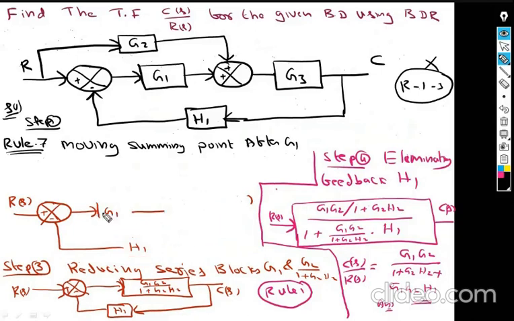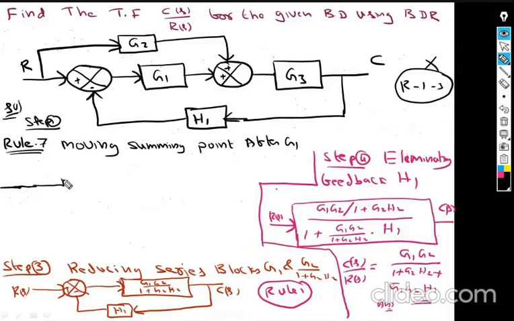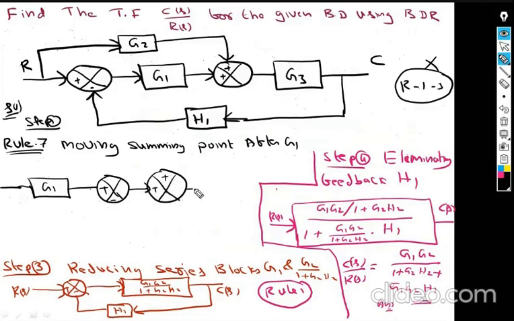Then the new diagram will be, sorry, since I am moving this, g1 first, and after g1 the summing point I am moving, which is plus and then minus, then plus already exists, then g3 as it is. See this one, here as usual g2, and now here like this.